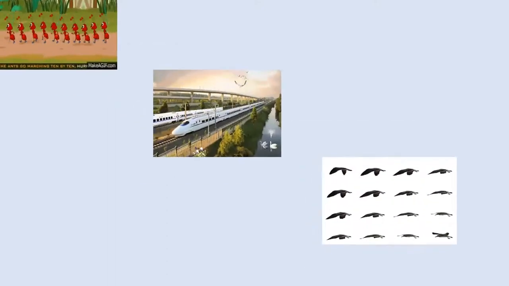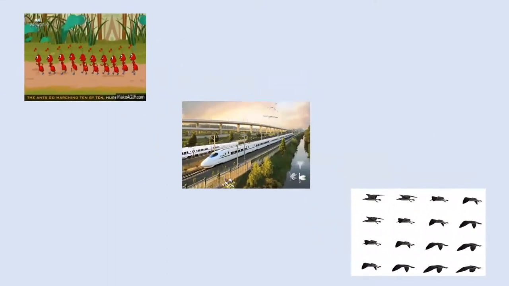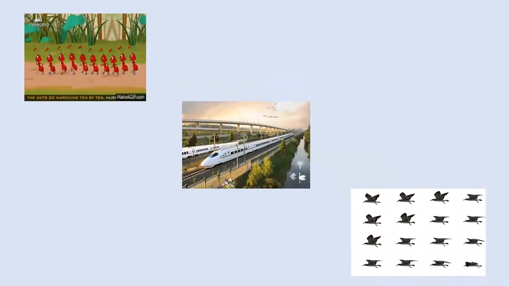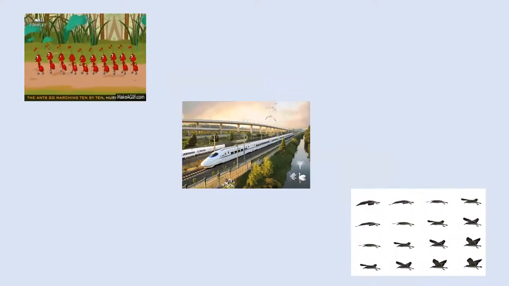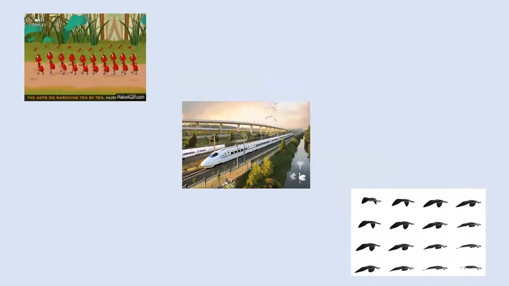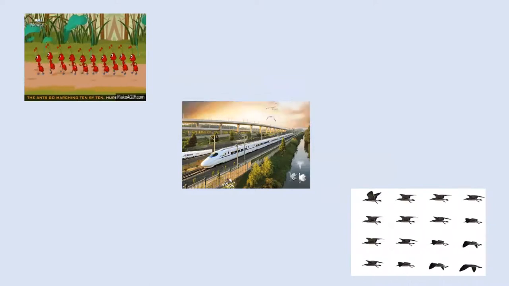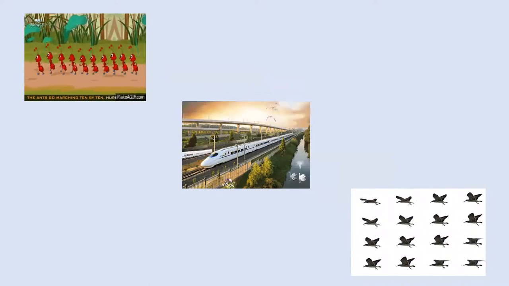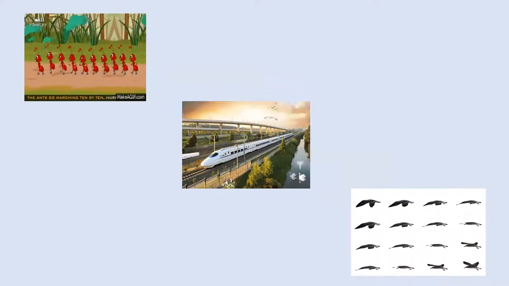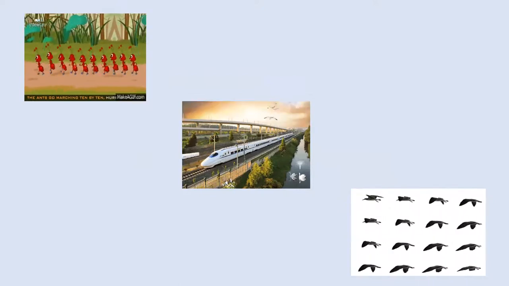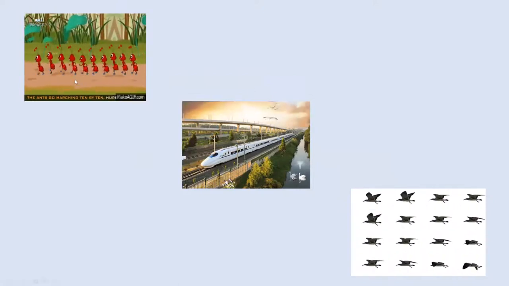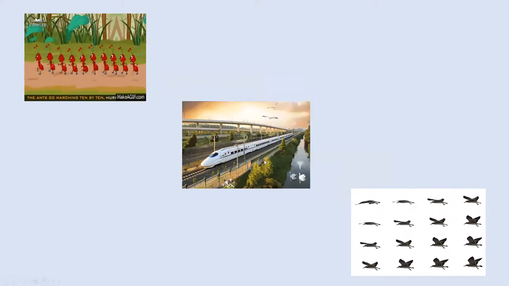Now let us look at all these images together and tell me what commonality do you observe in all these images with respect to the path followed. Okay, yes. So in all the images, path followed is a straight line path.